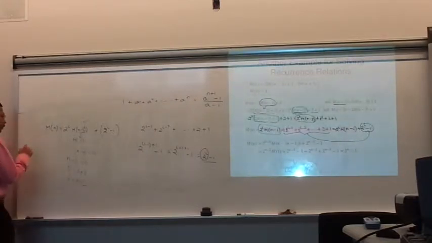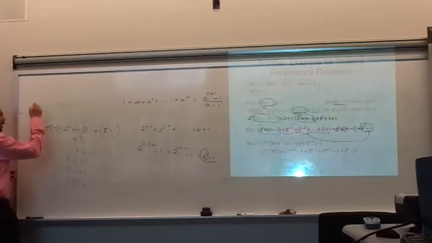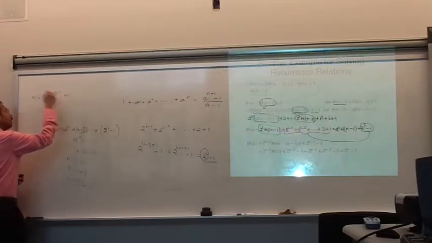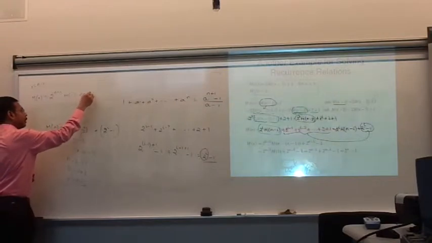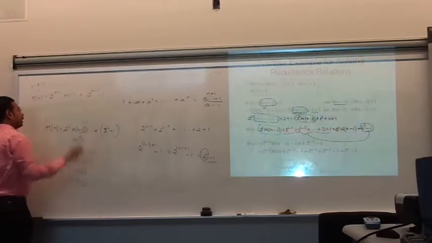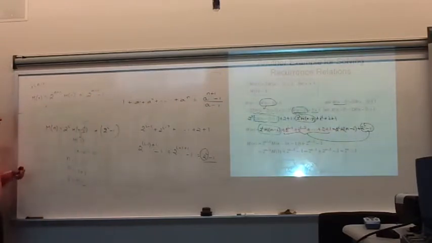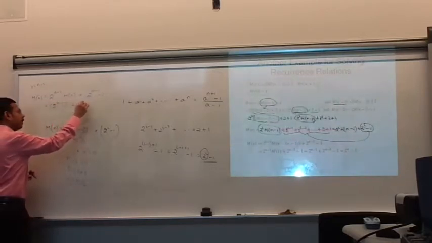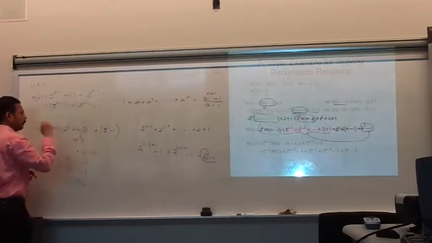So if you put I equals n minus 1, m of n is going to be 2 to the power n minus 1 times m of 1 plus 2 to the power n minus 1 minus 1. So what is that we have here? What is m of 1? This 1. So we can just simply say this is 2 to the power n minus 1 plus another 2 to the power n minus 1 minus 1.